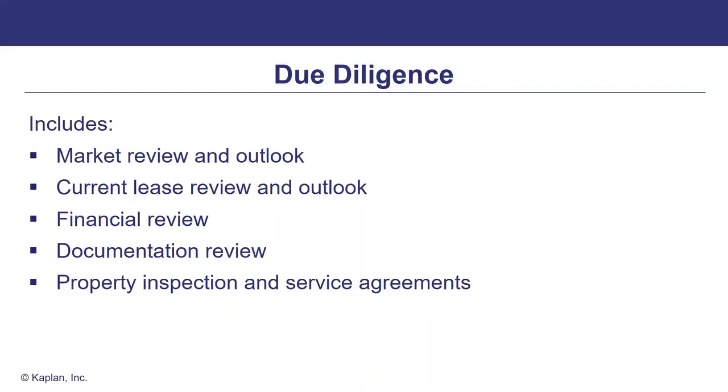The third component is financial review. You're looking at audited financial statements to double check on the financial condition of the prior owner, the seller, and you want to see what this property was producing in terms of audited financial statements, whether the numbers that you were given jive with what the financial statements reveal.